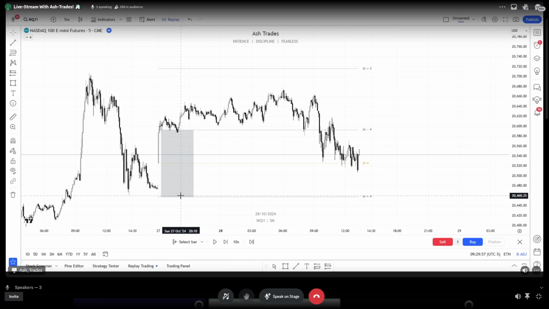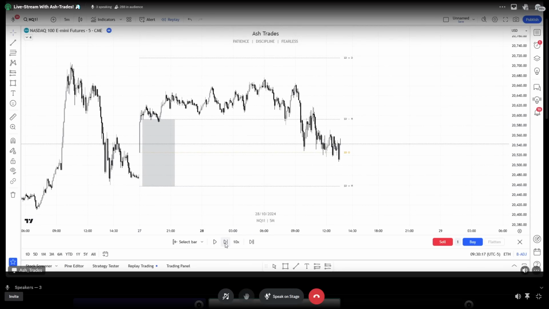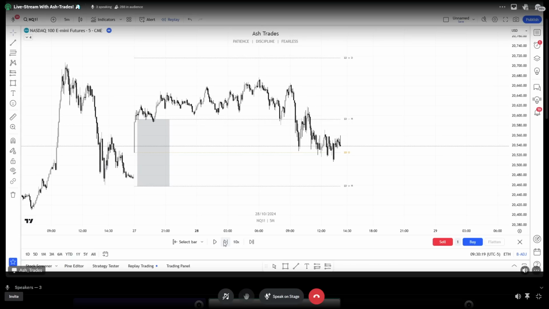That'll tell us which side is being manipulated. Then, does price come back into the range? That shows us that that was a deviation of the range. If price comes back into the range, then we can target the other side of the range. Okay? And we'll just let this play out to see if it goes any further or not.